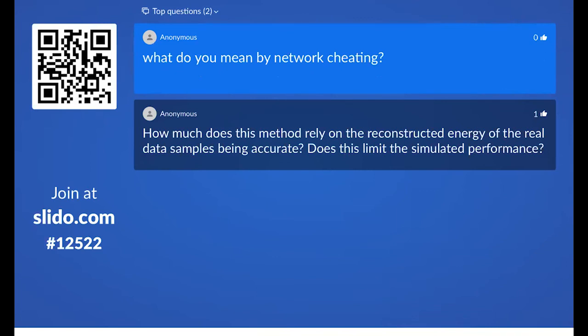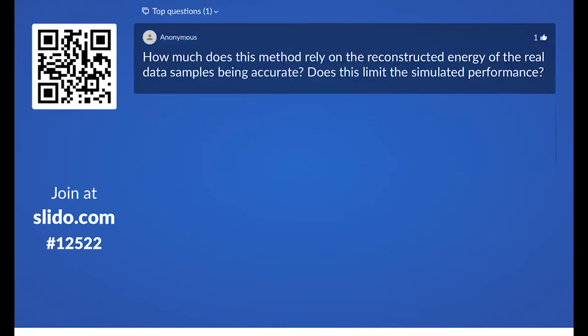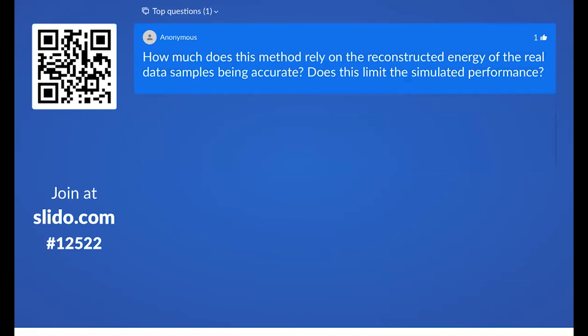How much does this method rely on the reconstruction result of the real sample being accurate? So our results are from the charge ones, which is much better than the scintillation signal reconstructions.